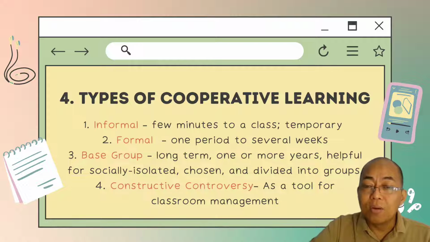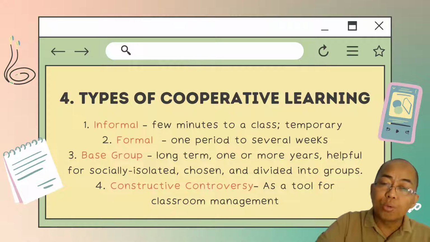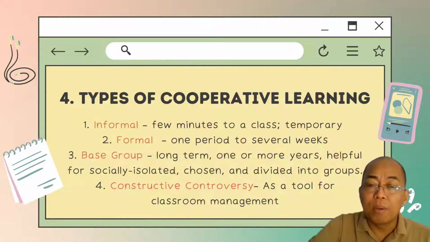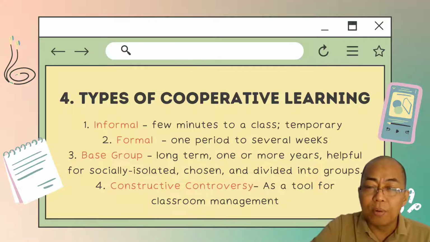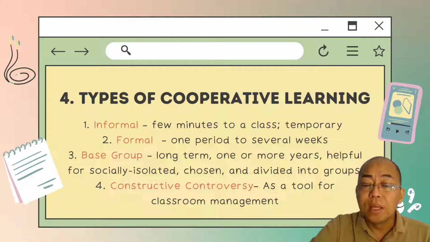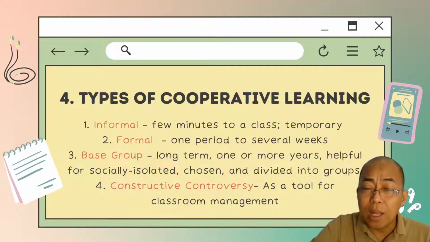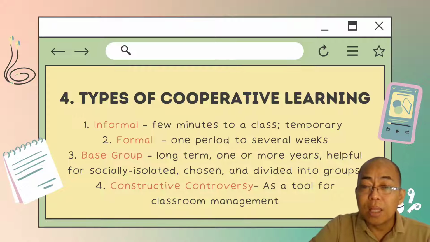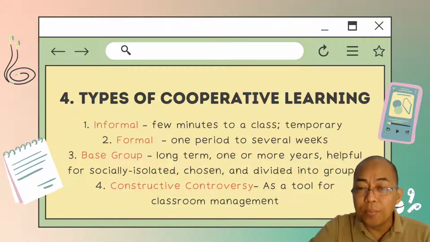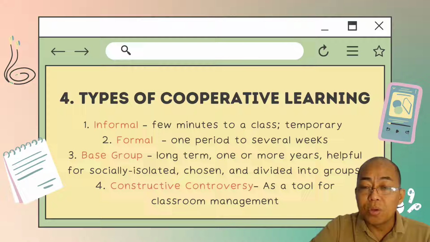Because it was hard for teachers to monitor each and every member of the class, cooperative learning actually helps. Instead of monitoring every one of your students, like in a class of 45, where it is next to impossible, in cooperative learning you have grouped them, so it is easier.